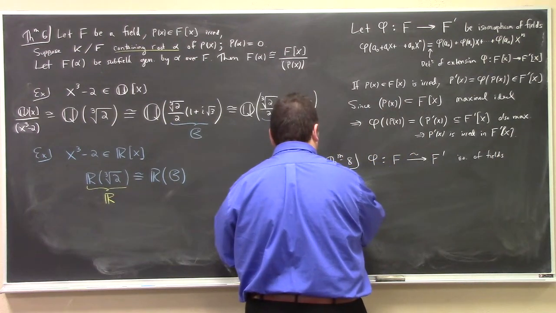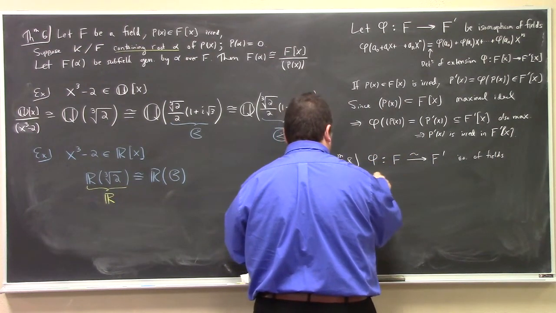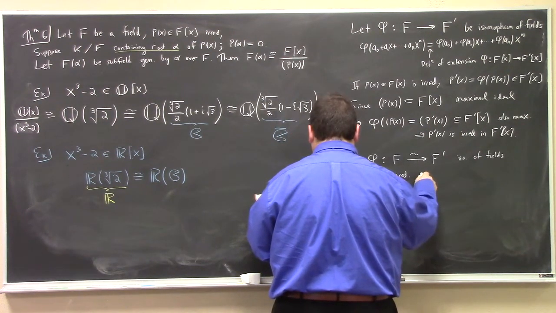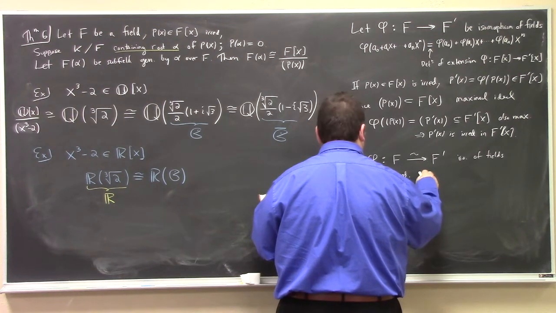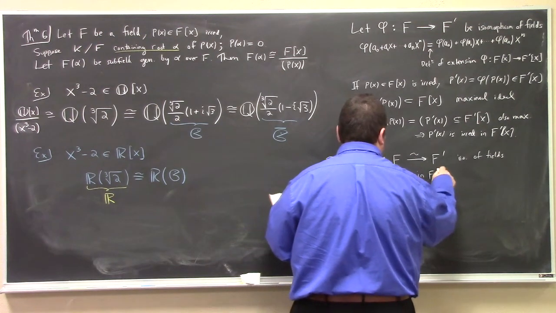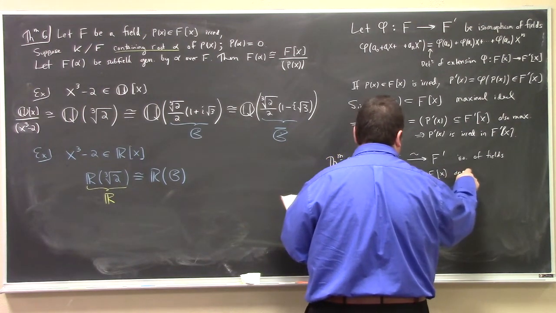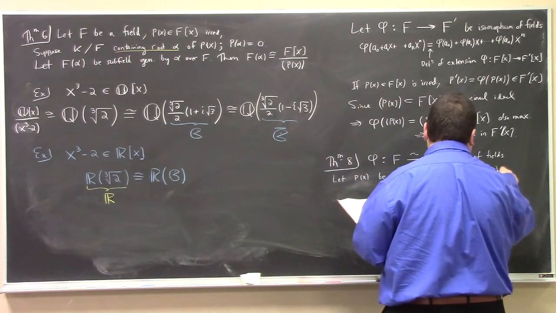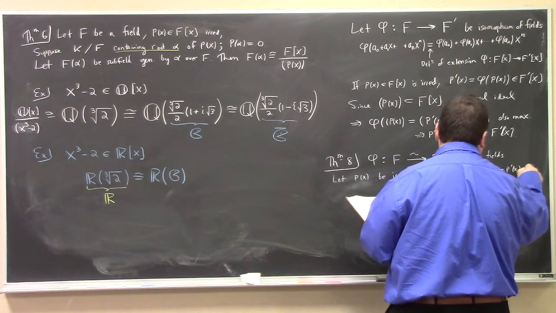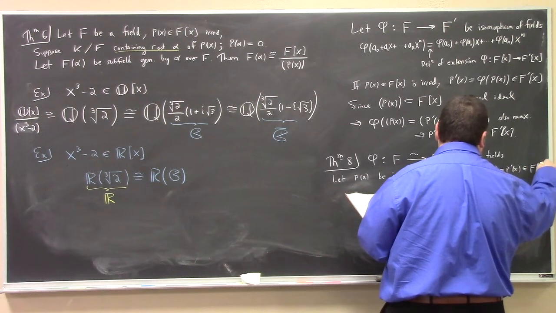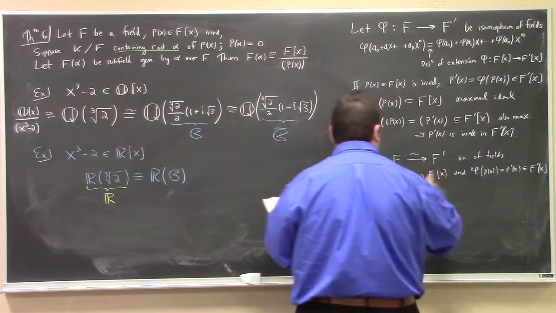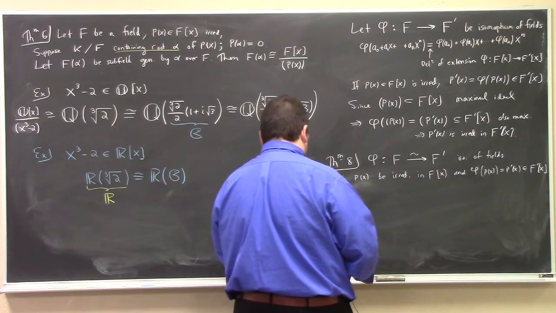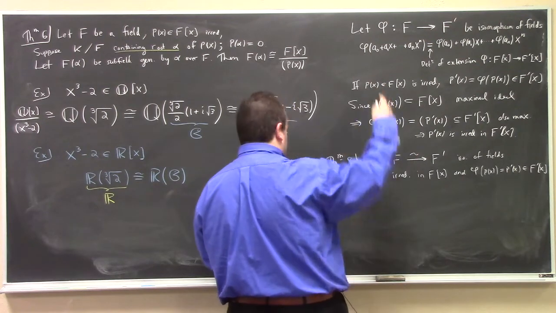And let P of X be irreducible in F of X, and phi of P of X equal to P prime of X in F prime of X. So that's the irreducible image of it, then, again, obtained as we described right above the theorem.